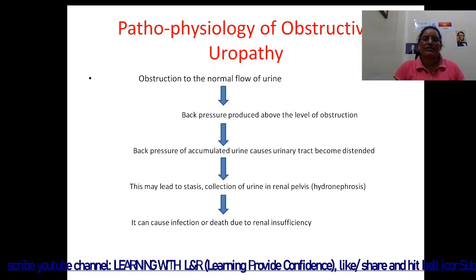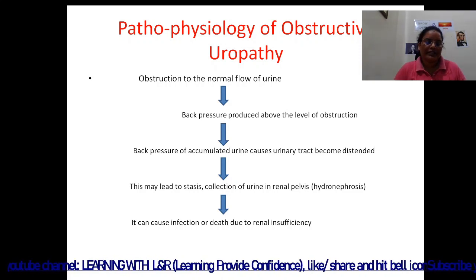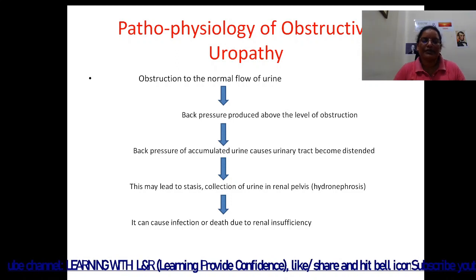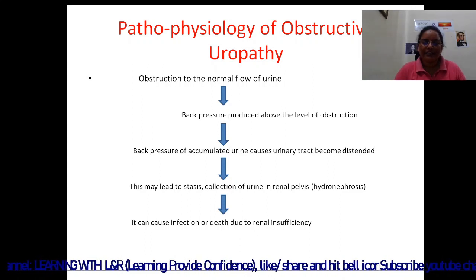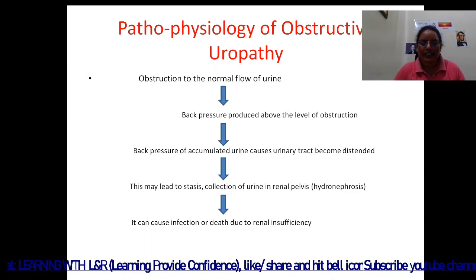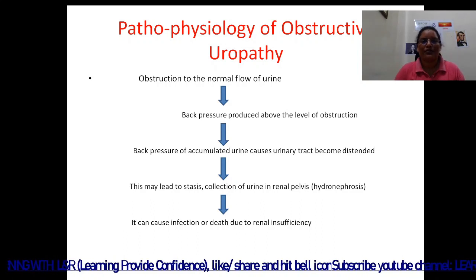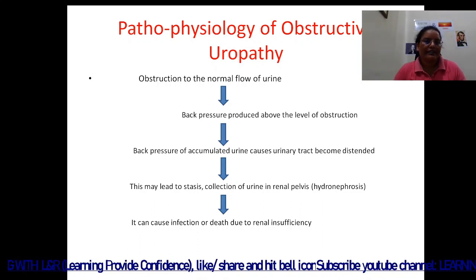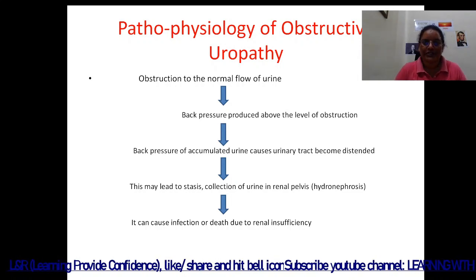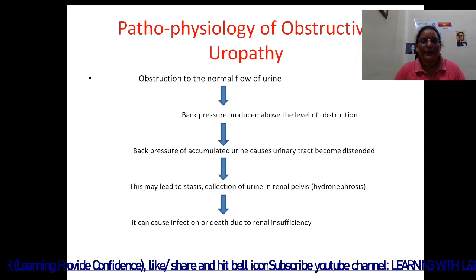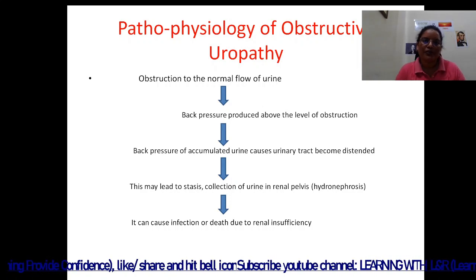Then the pathophysiology of obstructive uropathy. The urinary system develops during the embryonic stage, and urine manufacture and flow into the amniotic fluid start around the 7th or 8th week of pregnancy. When the normal flow is missing because of any kind of obstruction, backward pressure is produced above the level of obstruction.